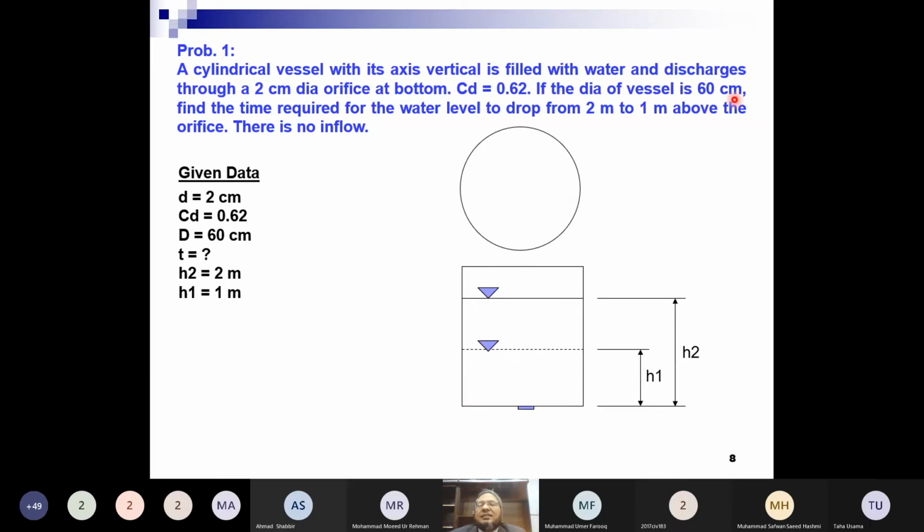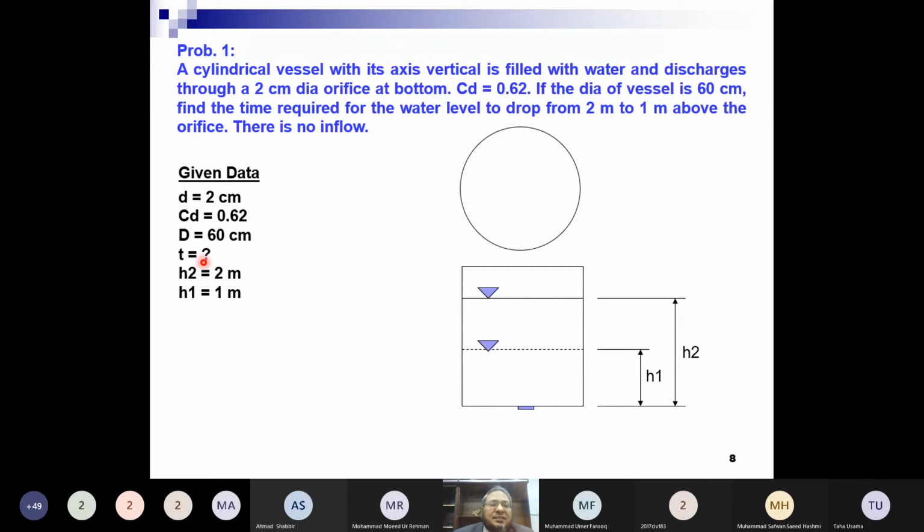If the diameter of the vessel is 60 centimeter, find the time required for the water level to drop from 2 meter to 1 meter above the orifice. If initially the water level is here, 2 meter, and we want to drop it to 1 meter over the orifice, it means H2 is 2 meter and H1 is 1 meter. Then how much time would be required to drop the water level from 2 meter to 1 meter over the orifice?